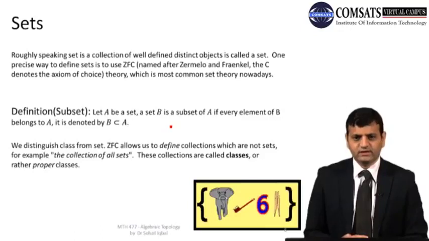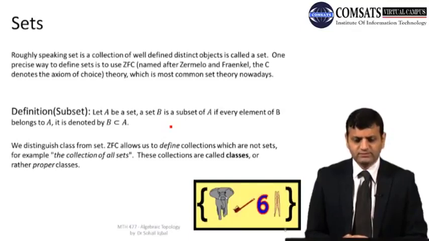But when a mathematician wants to use it, he or she needs to define it precisely. There are many definitions, but the one by the theory of ZFC is the most common nowadays. We are not going into the definition according to this theory, it's just a reference. If you are interested, you can look into some book.